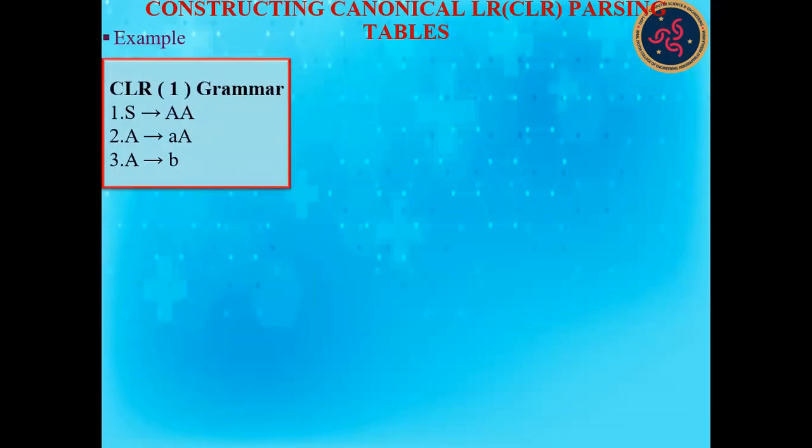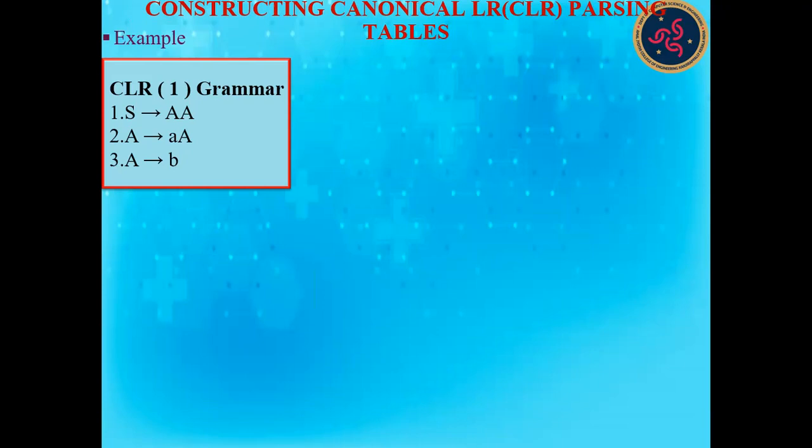So here is the same context free grammar, that is S gives AA, sorry, A gives AA and A gives B. The first step, the initial procedures, are the same, right? First, we have to add the augment production and insert the dot symbol at the first position of every production of the grammar G. Therefore, we get G prime.